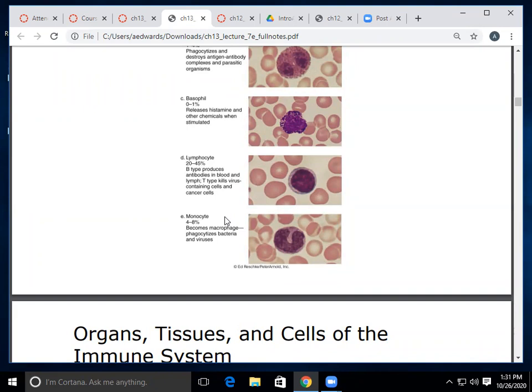So the B cells will make antibodies which can detect foreign invaders or bad things. T cells just go ahead and kill them themselves.